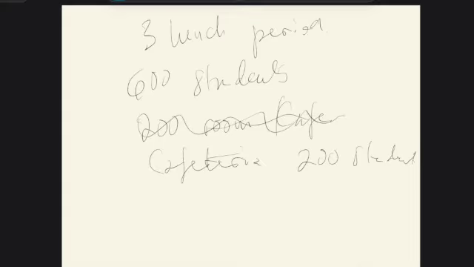Without it, it will be complete chaos again. So a school needs to have a reasonable number of lunch periods so that 600 students are accommodated.